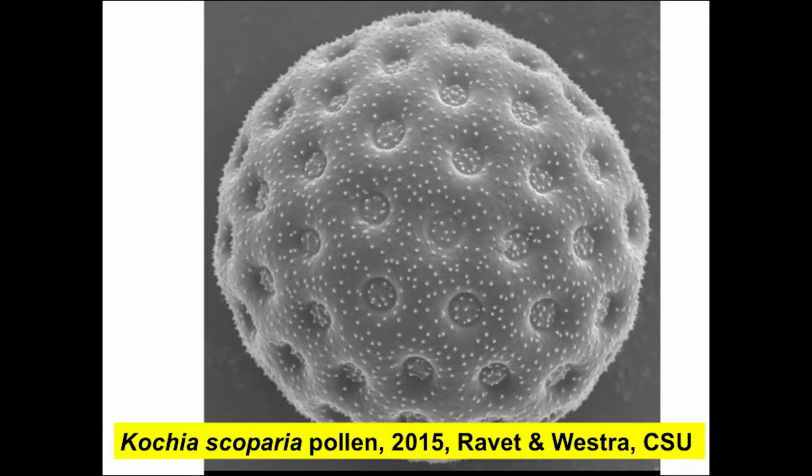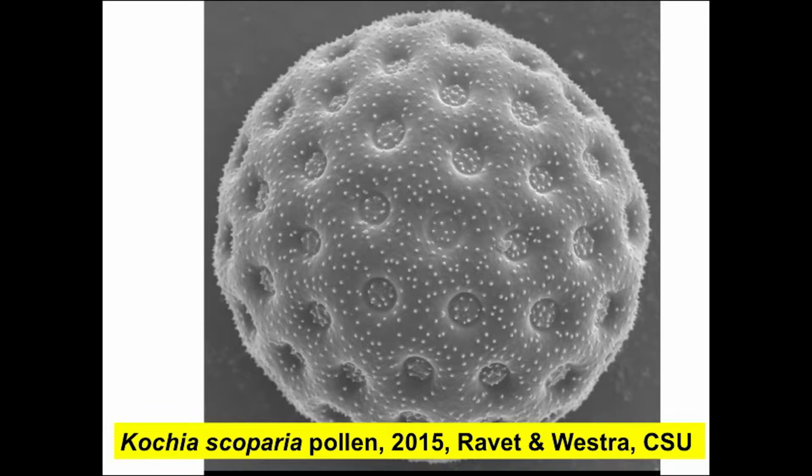So another image that Phil Westra and Carl Rivet at CSU have been working on, this is with a scanning electron microscope. What you're looking at here is a pollen grain that's been treated so that you can actually get the close-up picture of it. You'll see a couple of interesting things going on. First of all, it looks like a very aerodynamic pollen, doesn't it? Because it has that golf ball shape. And some work going on here, looking at how far the pollen can move.